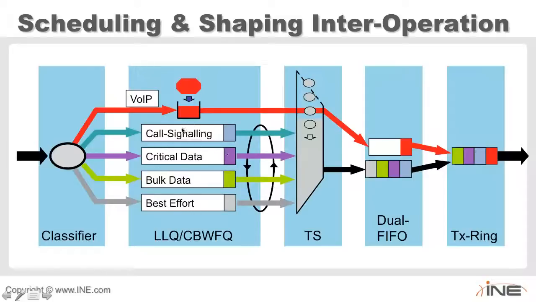So we'll fragment larger data packets and interleave those with our smaller voice packets before we put those onto the transmit ring. Okay, so just some graphics to help you hopefully understand a little better.